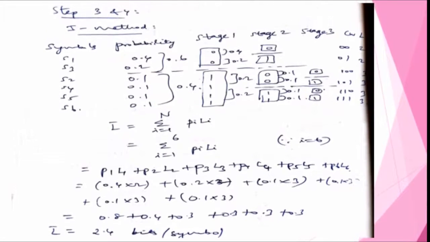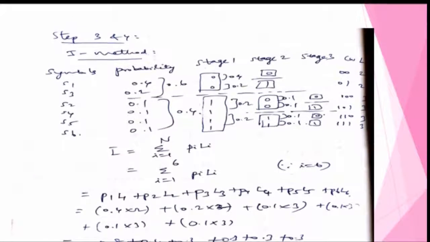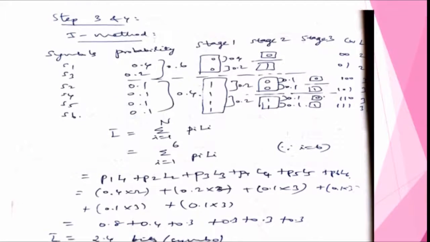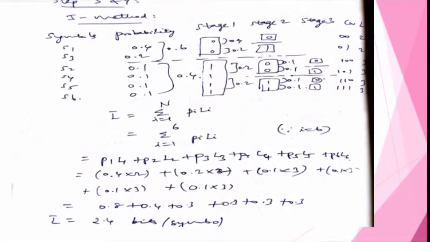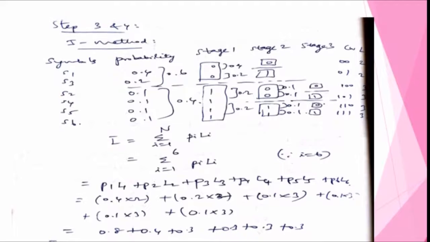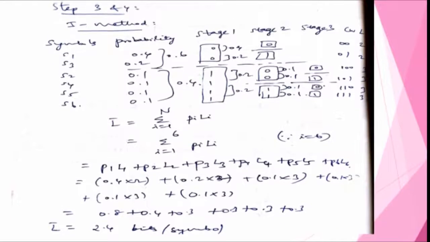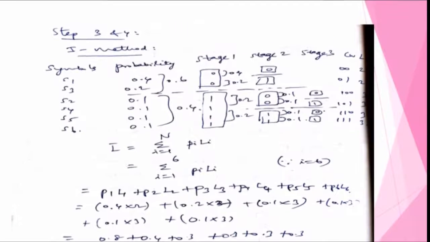Here we split it into stages. In stage 1, the 0.6 is split from the 0.4 and is represented in the boxes. In the next stage, stage 2, the zeros and ones are split again. Here we mainly have to form the zeros and ones. In stage 1 we split zeros and ones; the ones are the 0.4 value from S2 to S6.